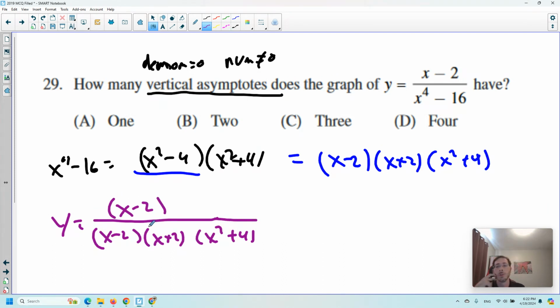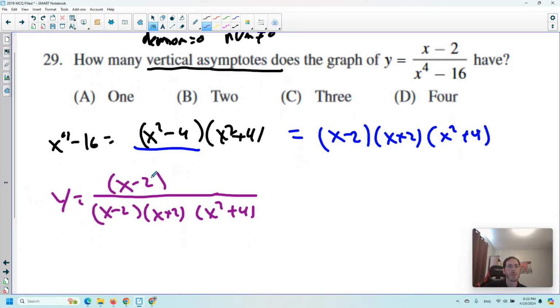So if you remember all the way back from like the first week of class, when we're taking a limit, this is going to give us a hole. So that's going to be our hole. So that's not an asymptote. Those cancel out. So our asymptote is going to be where this function, after we plug the hole, has an undefined location.